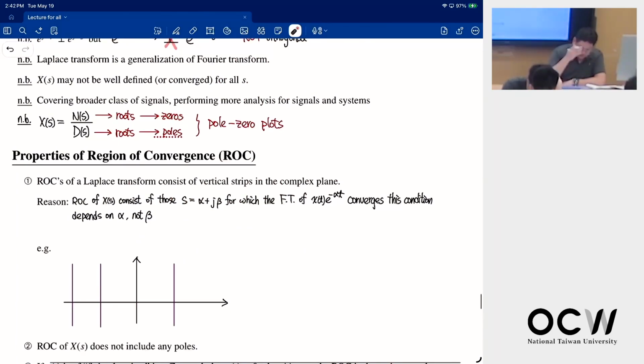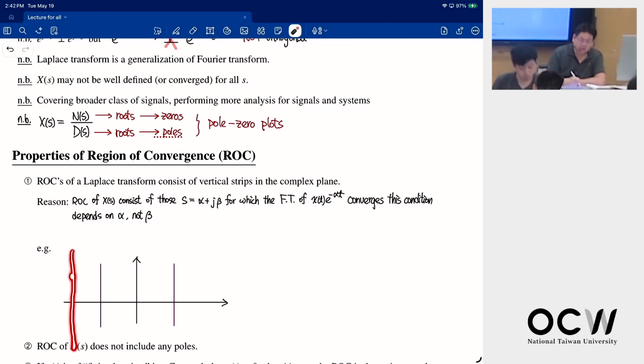Okay, so for the region of convergence of a Laplace transform, it's vertical strips. If this point converges, this whole line converges. If this point, maybe here, converges, this whole line converges.